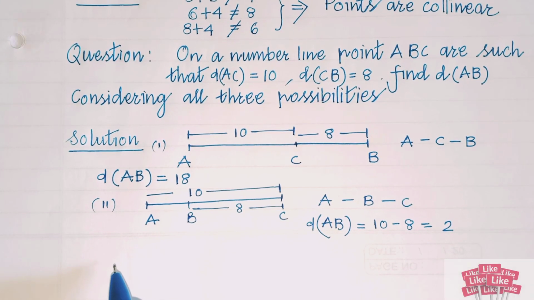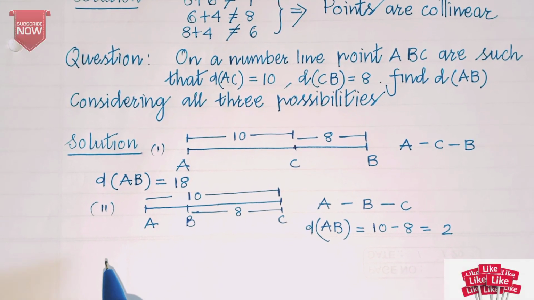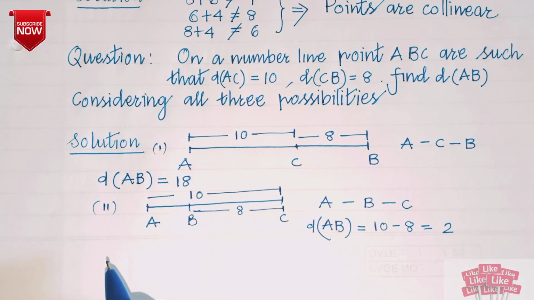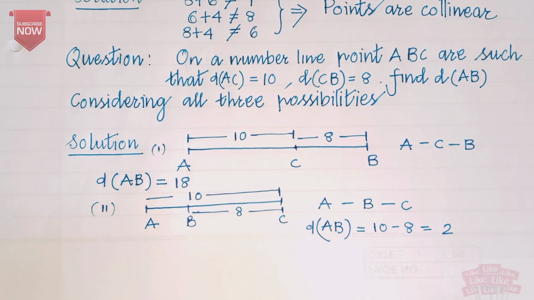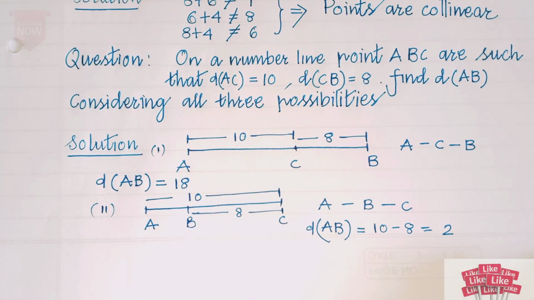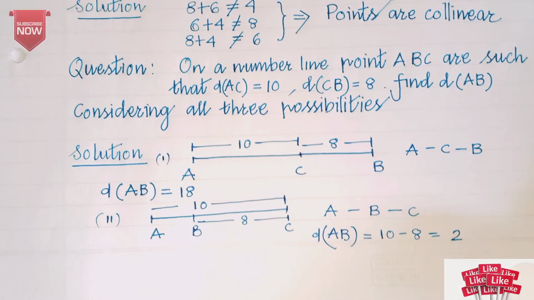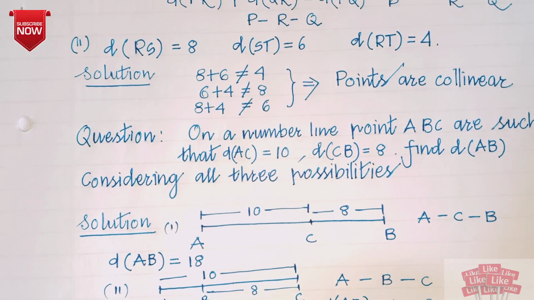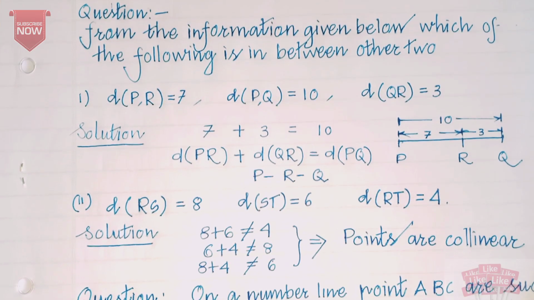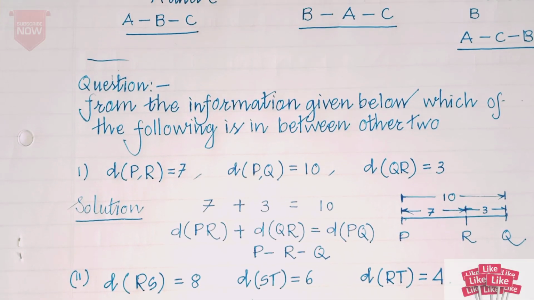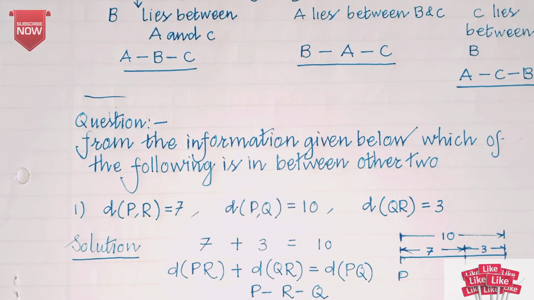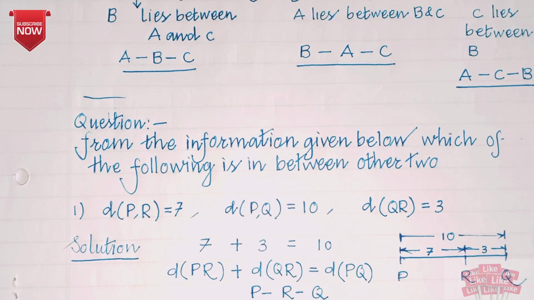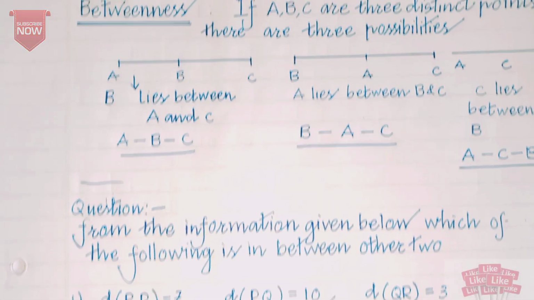You can also try for the third possibility by considering the left and right hand side of the number line. That is your work. In this way we have taken the betweenness and the coordinates of a line. You can use this concept for solving various types of questions.